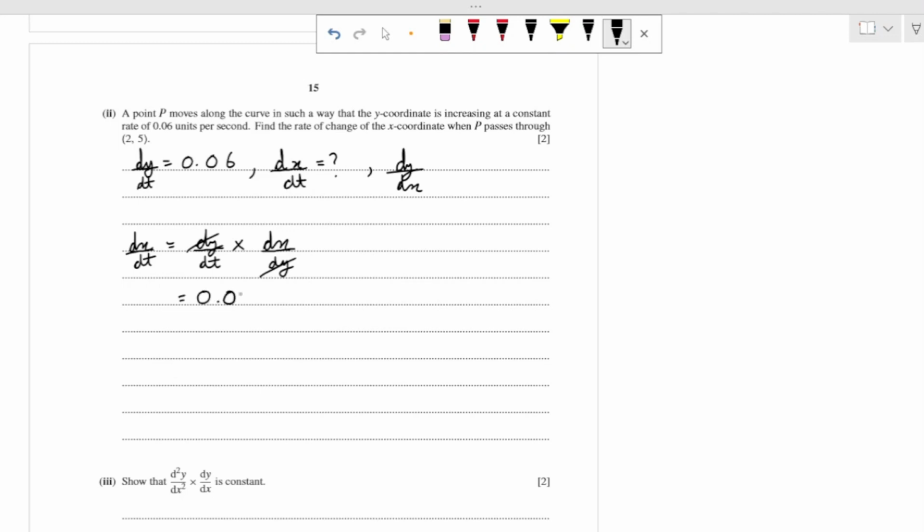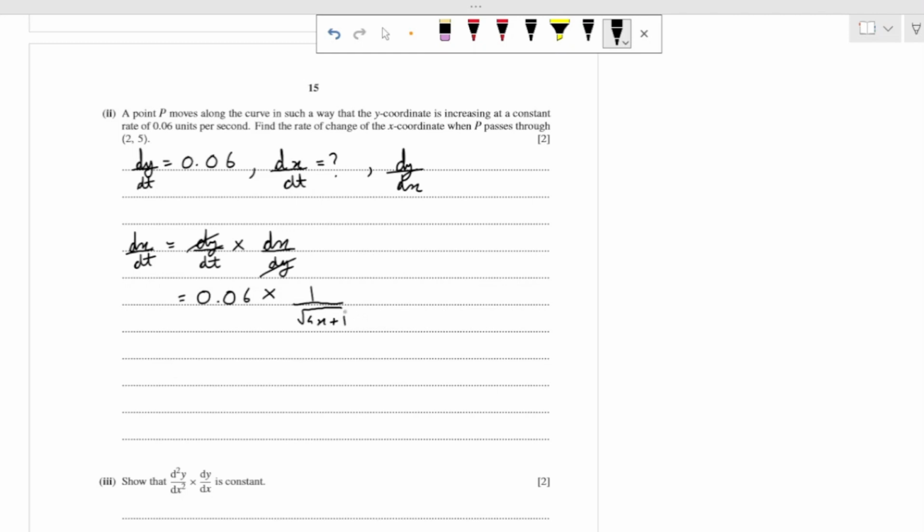Now you might be wondering, what is dx over dy? First let us write 0.06, that is dy over dt, and dx over dy is simply the inverse of dy over dx. So it would be 1 over dy over dx. dy over dx was given in the first question as the square root of 4x plus 1. That is dx over dy.